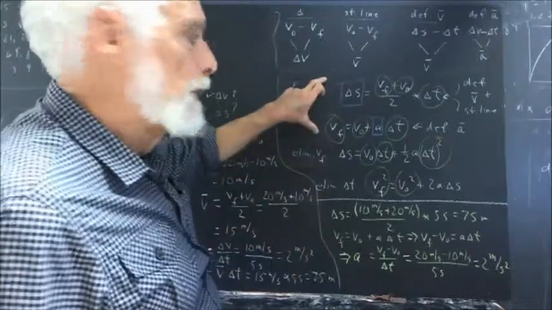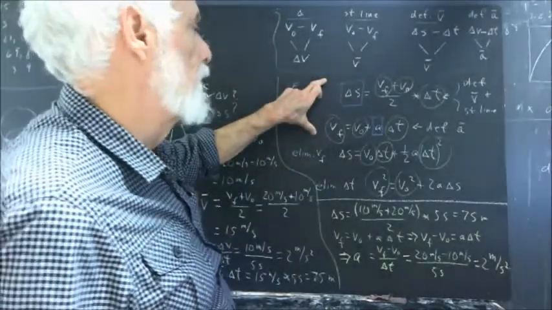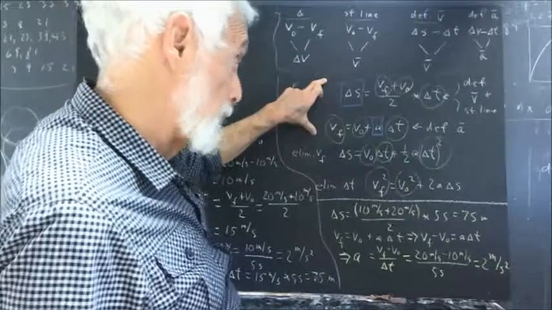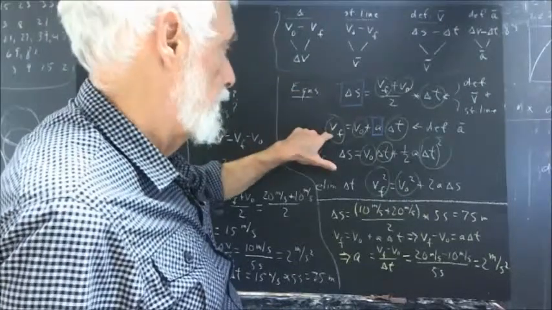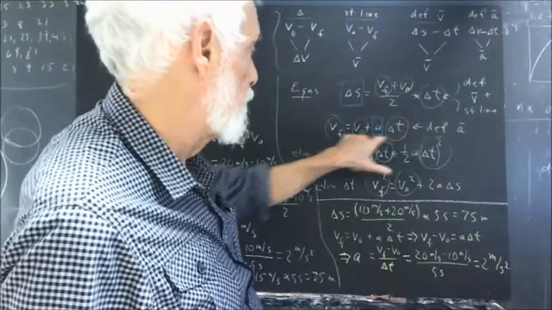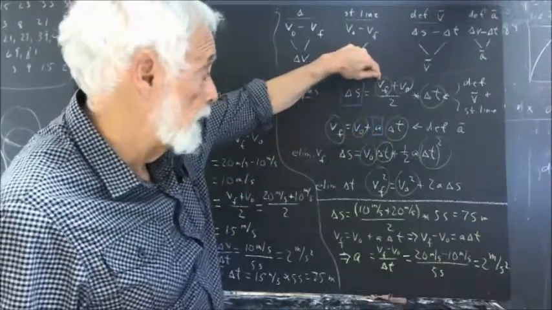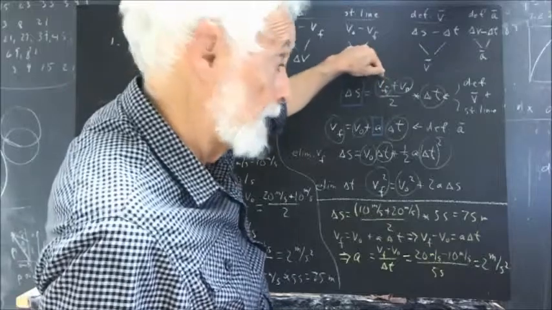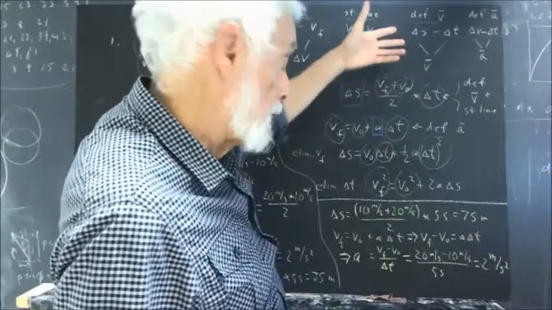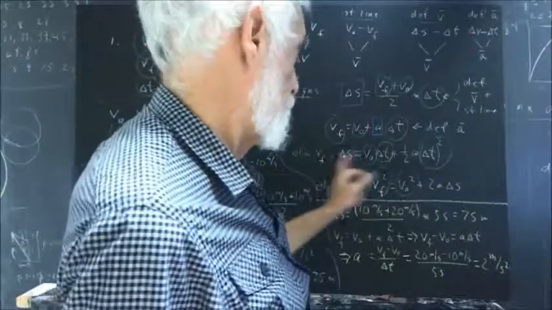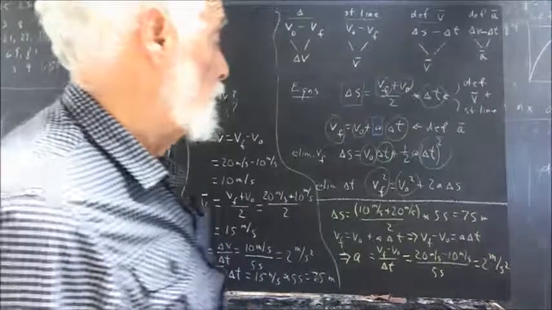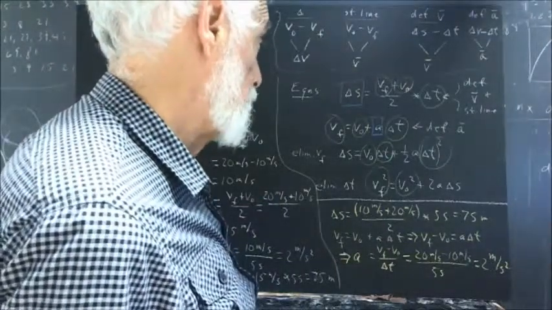If we eliminate Vf between the two equations, which is quite easy to do, Vf is V0 plus A delta T, so we can replace Vf here with V0 plus A delta T, and then we just simplify the algebra, and we end up with this third equation, and you're welcome to do that. Okay, and then down here, we eliminate delta T between the two equations.